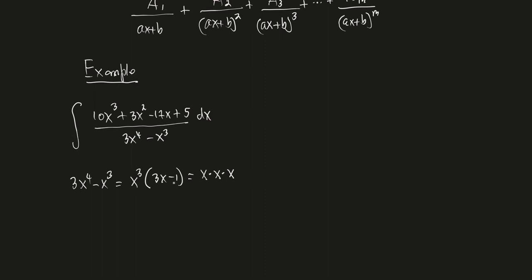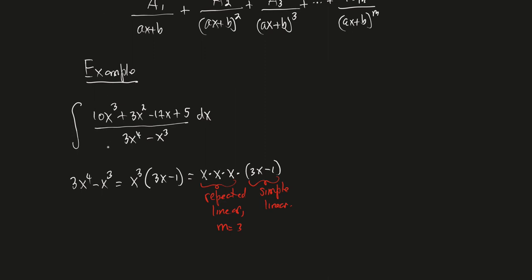We don't have any quadratics here, but all 4 factors are linear. It just so happens that 3 of them are repeated. So these are repeated linear with multiplicity 3, and then this one is a simple linear. Simple just means that factor shows up only once, right? And this is what case 2 tells us how to handle.